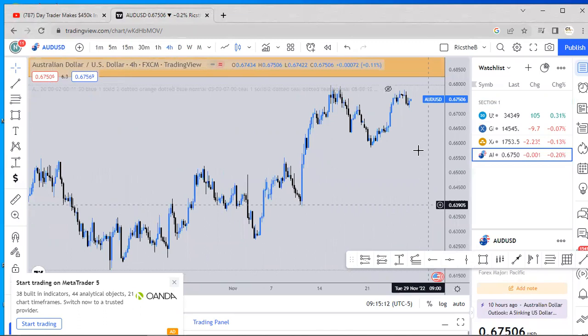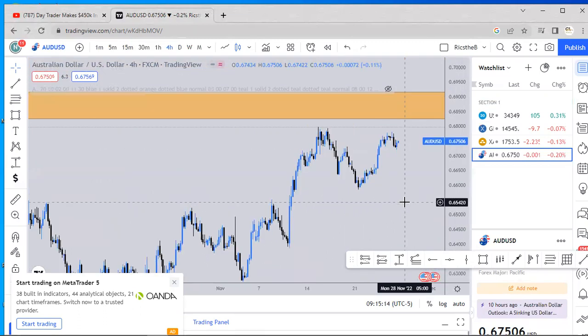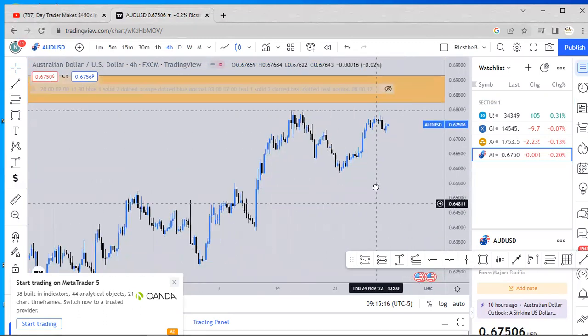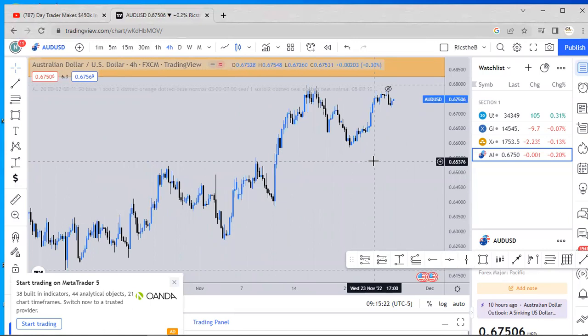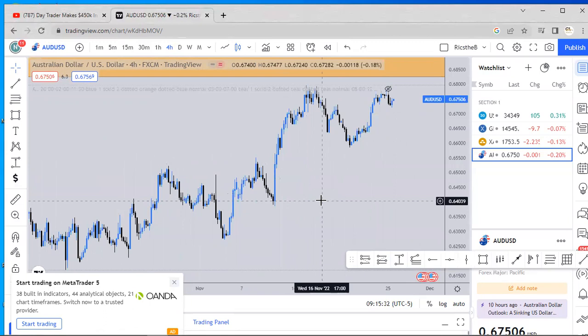So I believe that's enough for today. Just do more research on what I've taught you guys today. The other thing is more like bullish engulfing.